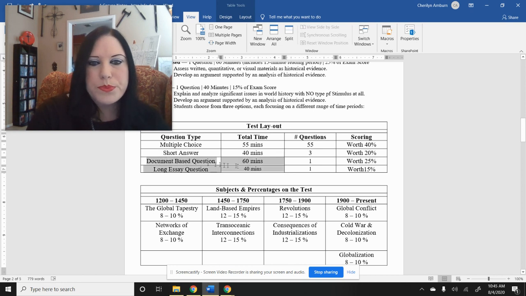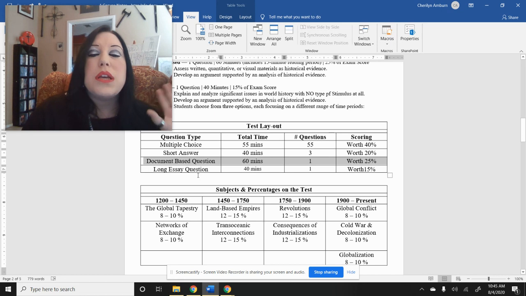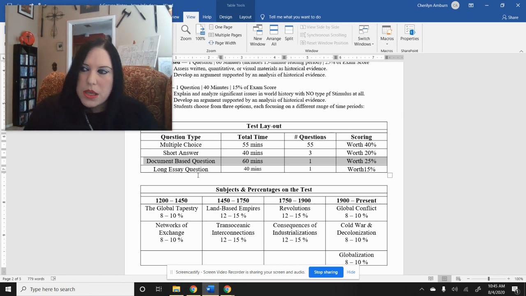this. The DBQ, document based question, is the monster of the test. The DBQ, document based question, is one question. To what extent did attitudes change after World War II concerning atomic weapons?